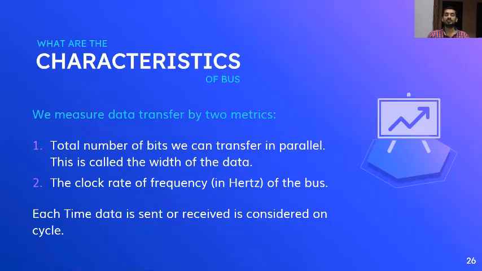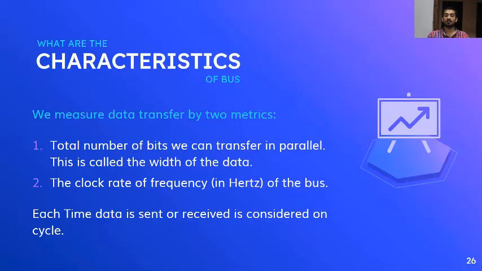What are the characteristics of a bus? We measure the data transfer with two metrics. Number one is the total number of bits we can transfer in parallel. This is called the width of the bus. It is important to understand how much data can travel on the bus.